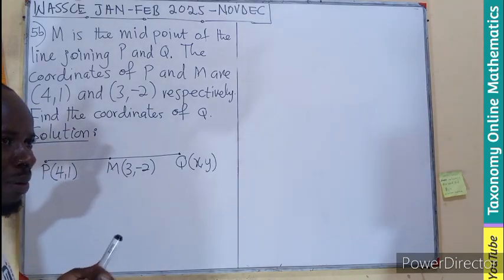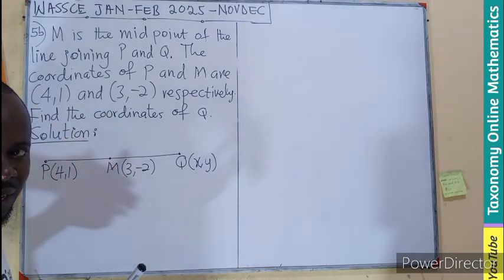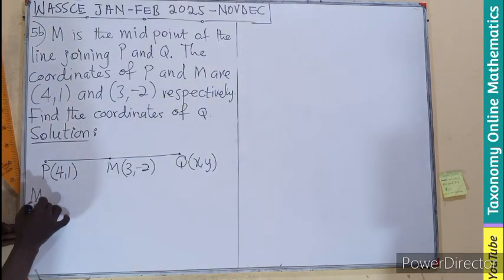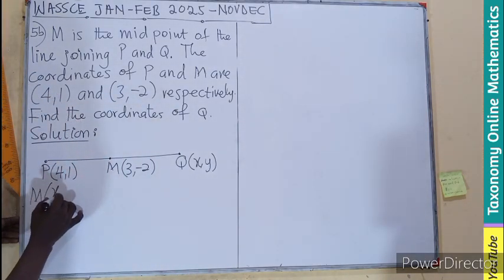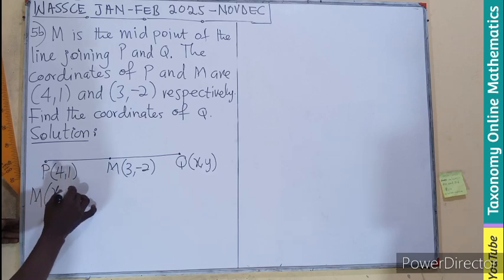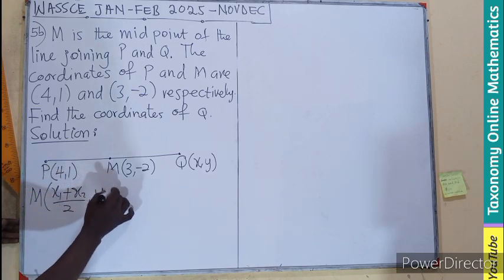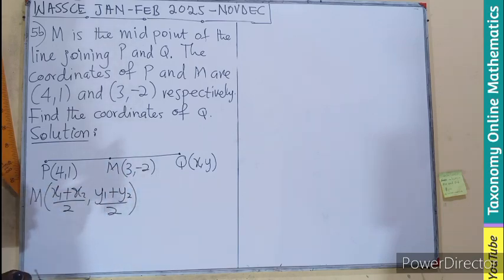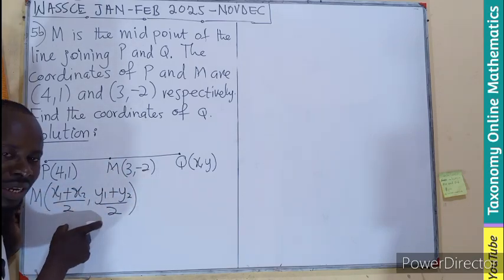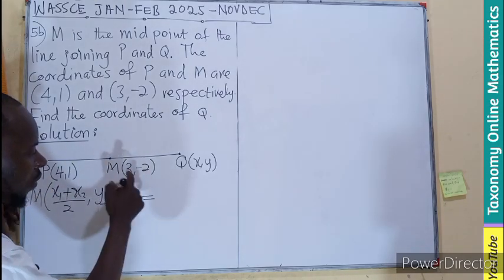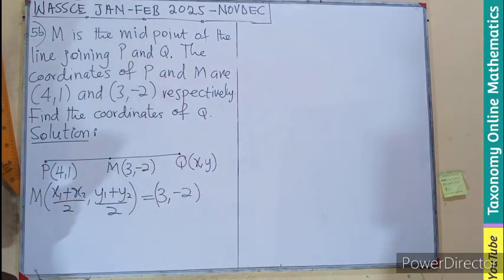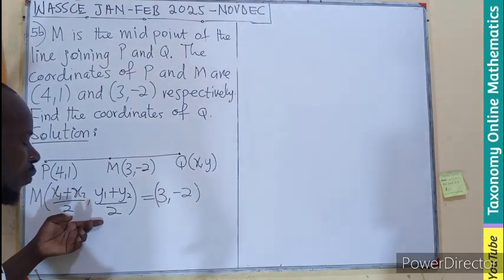Remember, in finding the midpoint, that is the halfway between P and Q. So midpoint M is the first X component plus the next X component divided by 2, and the first Y component plus the next Y component divided by 2. This is given to us already as (3, -2). This is how we get a midpoint.